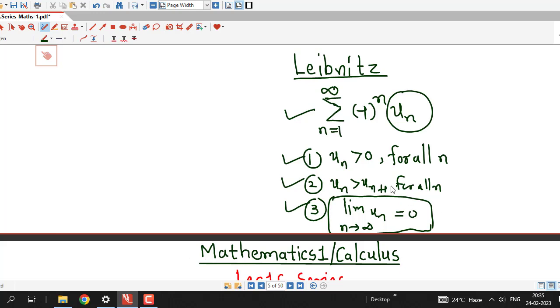We cannot say that if limit of un is different from 0, then series is divergent. So in that case we have to think of another convergence test.